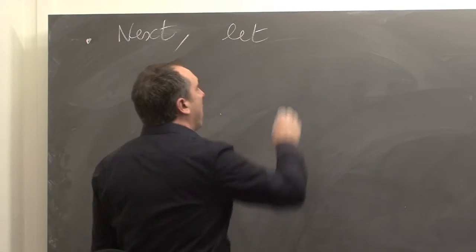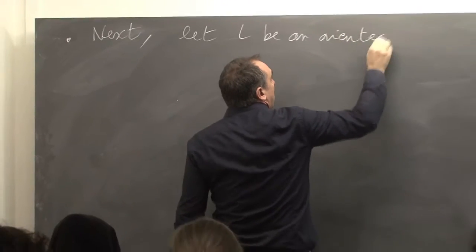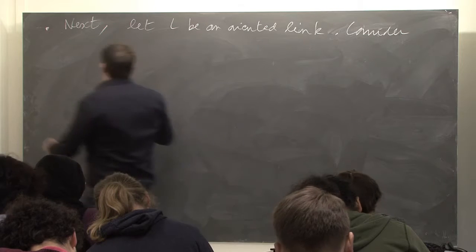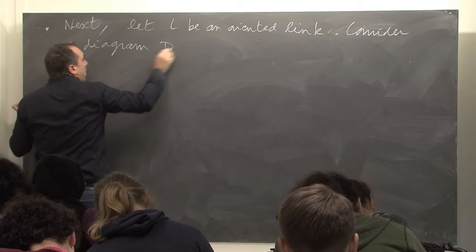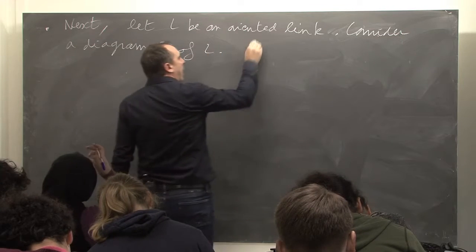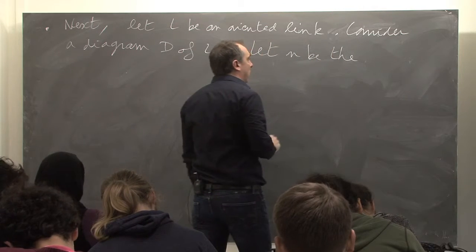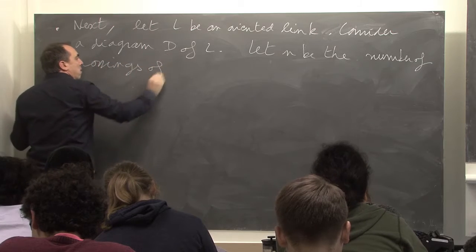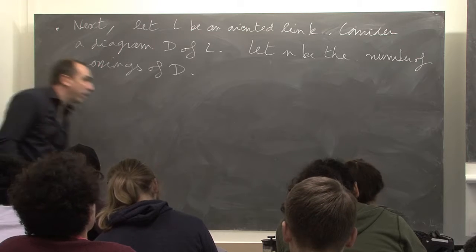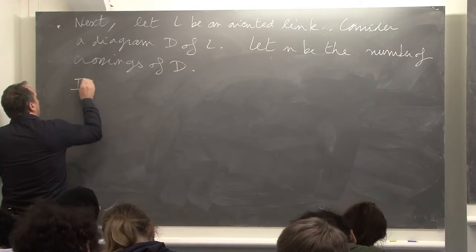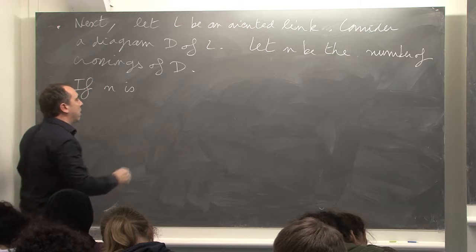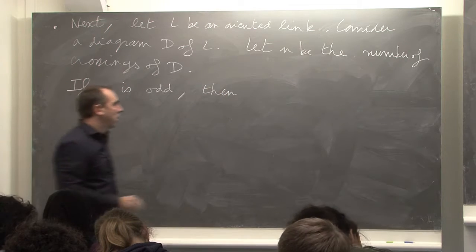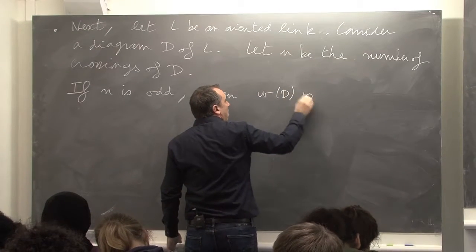Let L be an oriented link and consider a diagram D of L. And we denote by n the number of crossings of the diagram D. First case, if n is odd, what could you say on the writhe number?